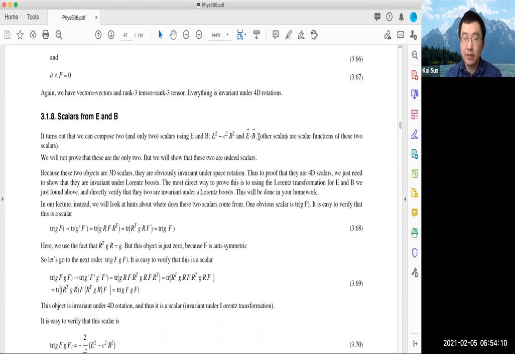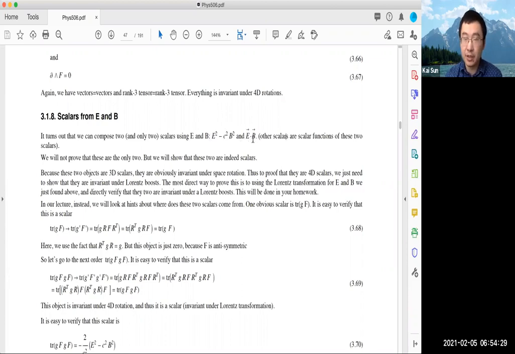For time reversal, it's the same story as we learned in E and M 1. Under time reversal, E stays the same sign, but B flips sign. When we square them, everything remains the same, so it's a regular scalar.